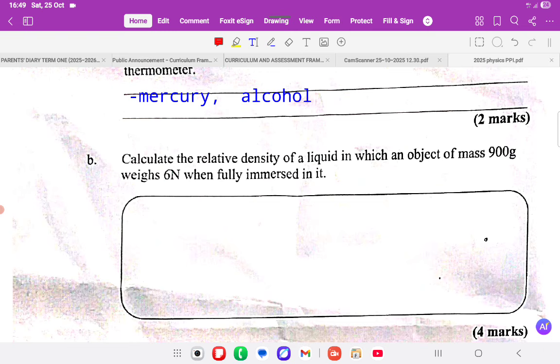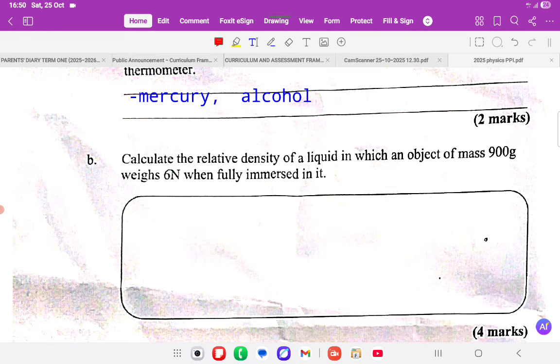The question is saying calculate the relative density of a liquid in which an object of mass 900 grams weighs 6 newtons when fully immersed in it.